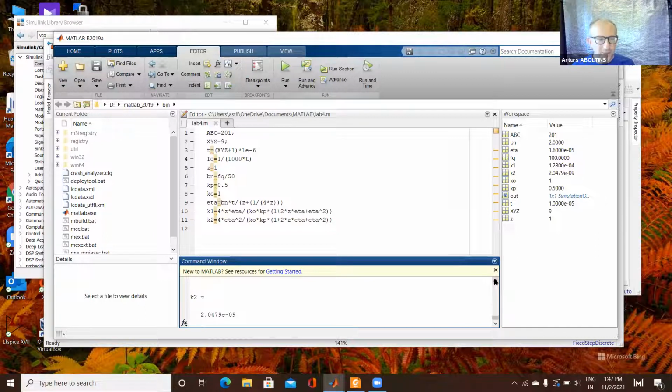Okay, where is it now? This is the SDR models, PLL, PLL init.